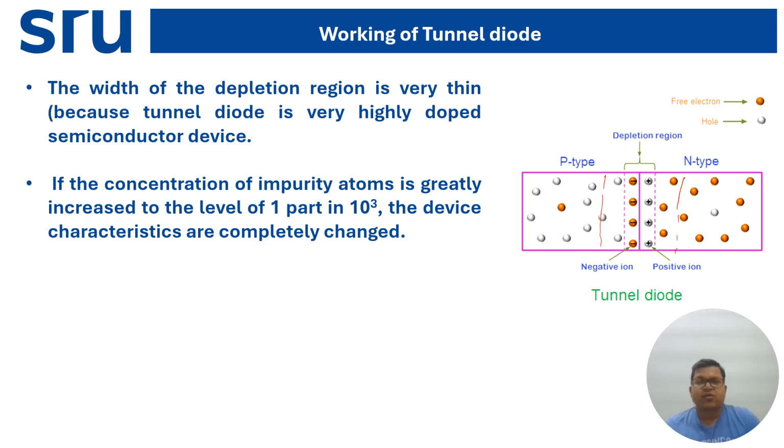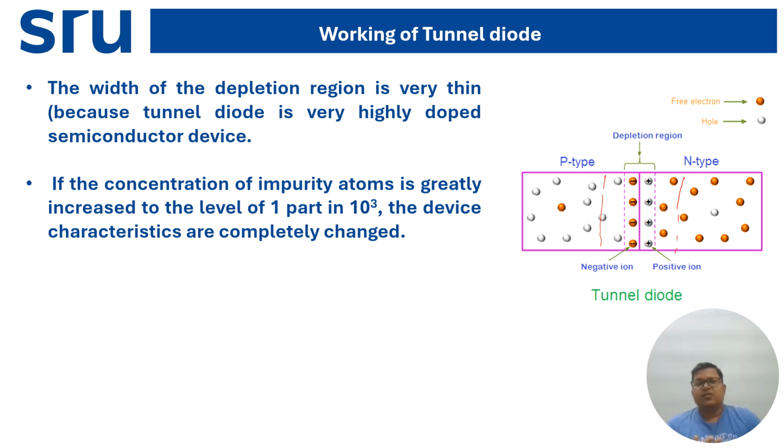Now if the concentration of impurity atoms is greatly increased to a level of 1 part in 10 to the power 3, the device characteristics are completely changed. We will see this in our next slide.